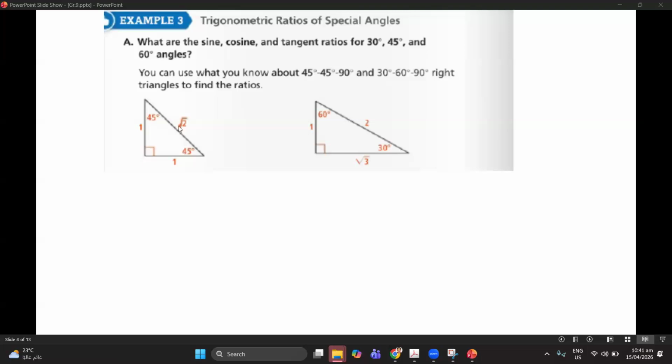Look at my screen first. Here I have the triangle which is the 45, 45, 90. I'm talking about the first triangle.